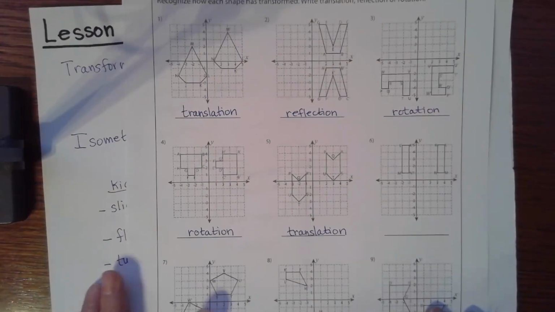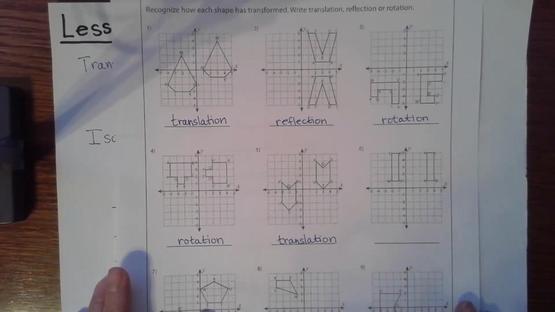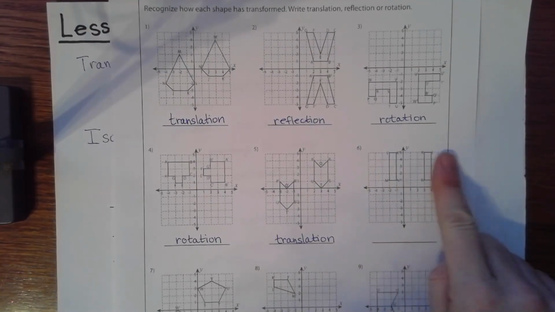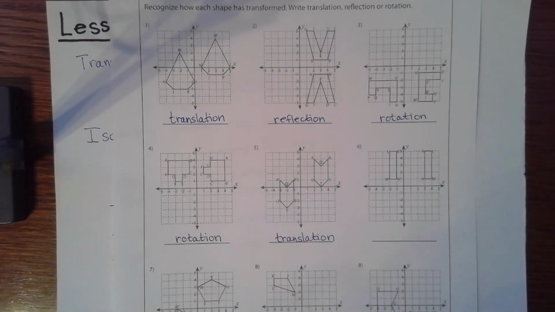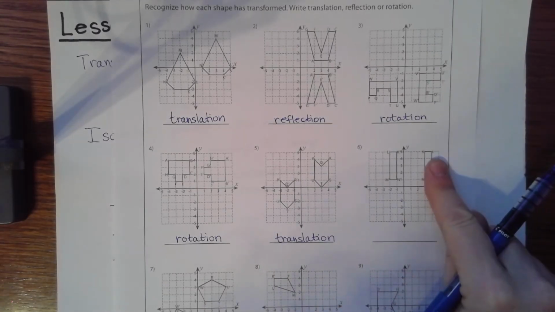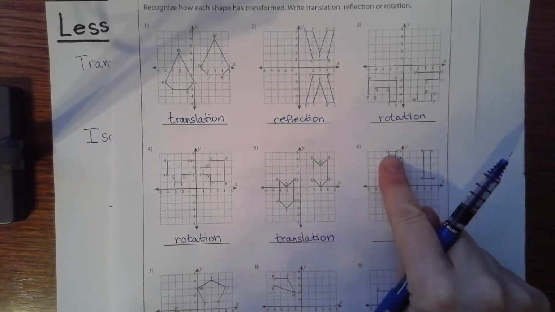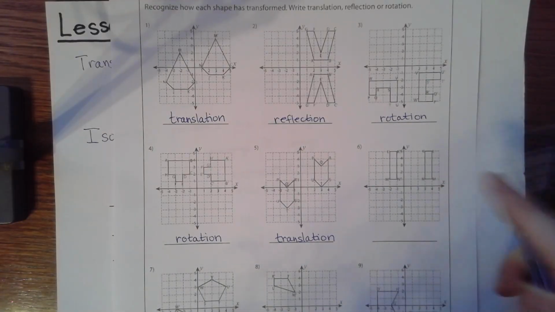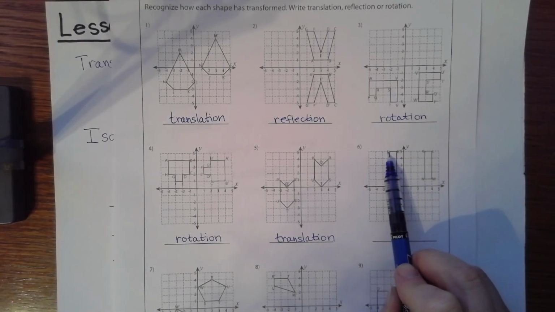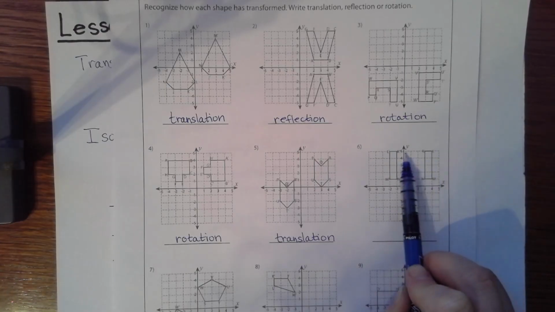Okay, this next one is a little bit tricky. You might look at this and be tempted to say, well, this is a translation. I just took this and slid it over. But you need to pay very careful attention. This is the pre-image, and you may have thought they just slid it this way. But be careful, if I slide it this way, the K would have to be over here and the L would have to be here.